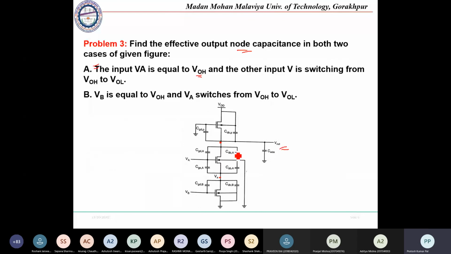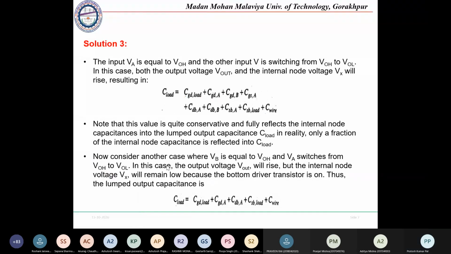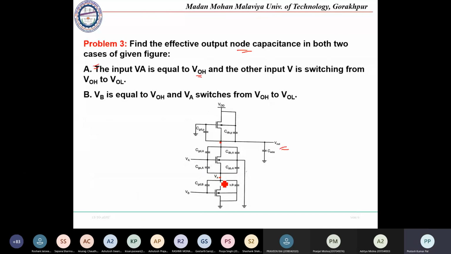The next case is A and B. So CGD of A and CGD of B will be there. Because Vx is also affecting the output, CGD of B will also be considered, since this will be considered as part of the output.